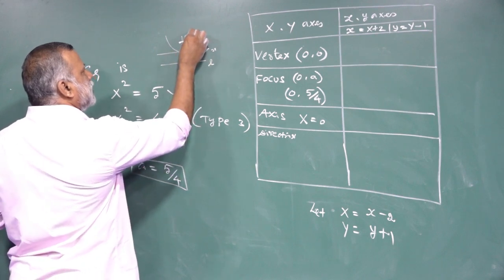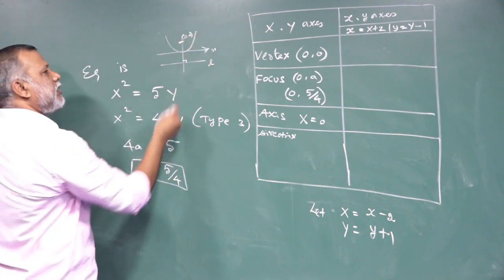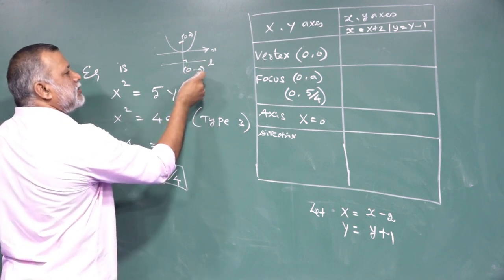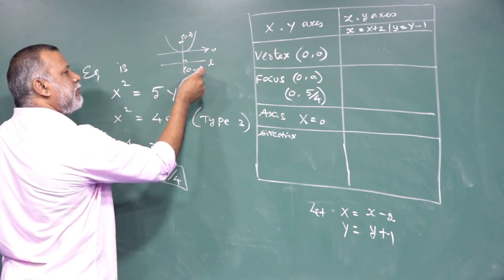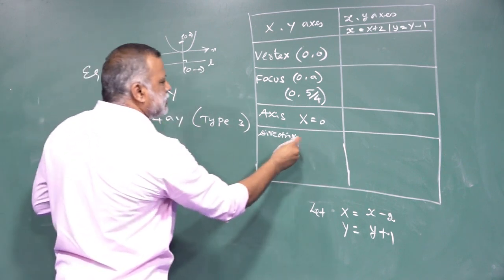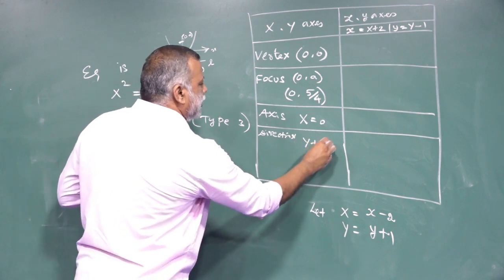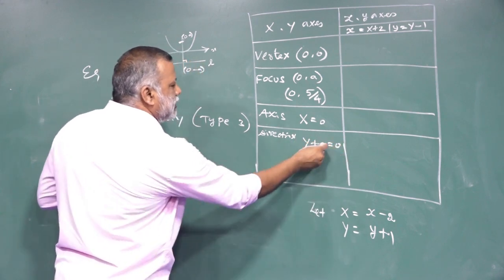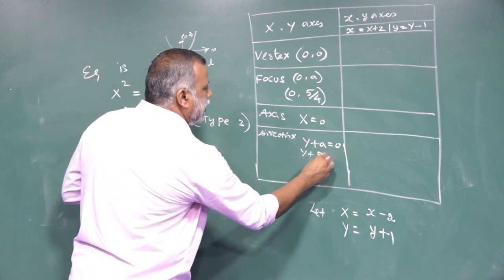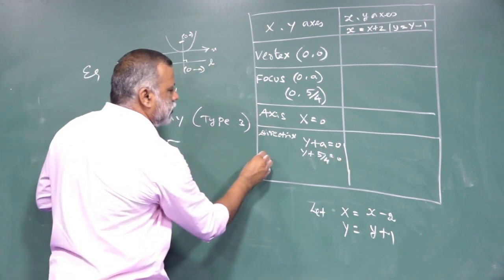See here, focus 0, a. Now here 0, minus a. Therefore for this line the value of y equal to minus a. Converting to the same side, y plus a equal to 0. Instead of a, you worked out y plus 5 by 4 equal to 0.